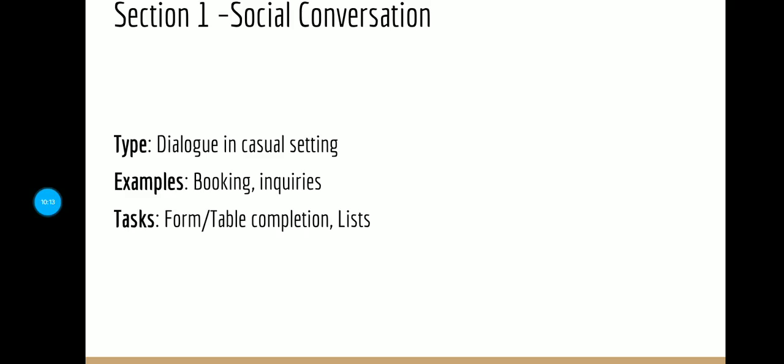Now talking about Section 1, which is a social conversation. Basically, the type of this would be a dialogue in a casual setting. For example, there would be two friends talking about a certain random topic.